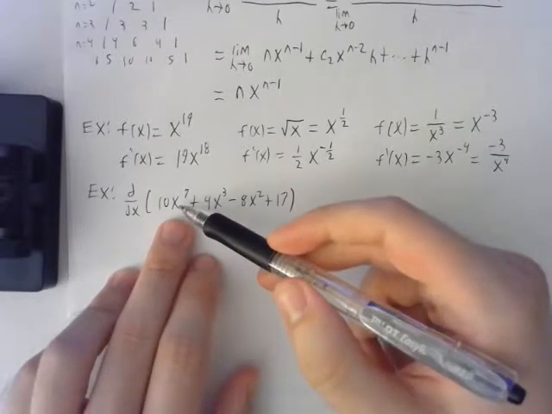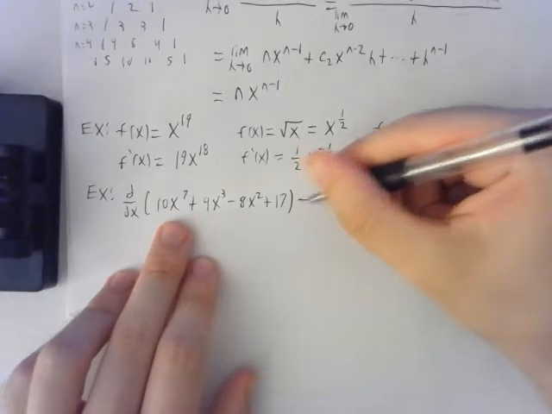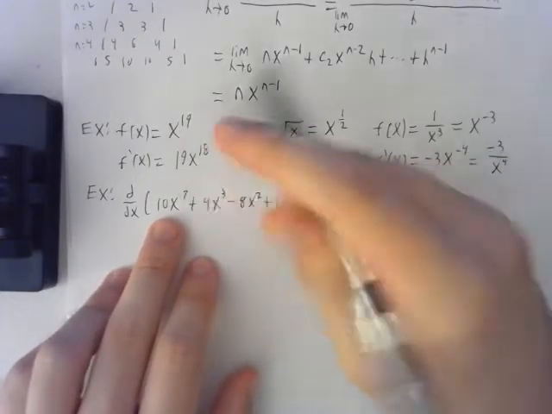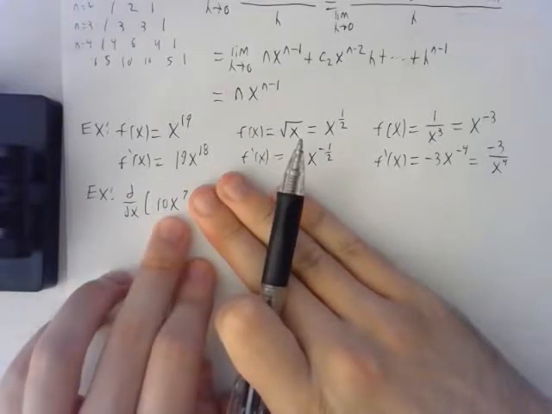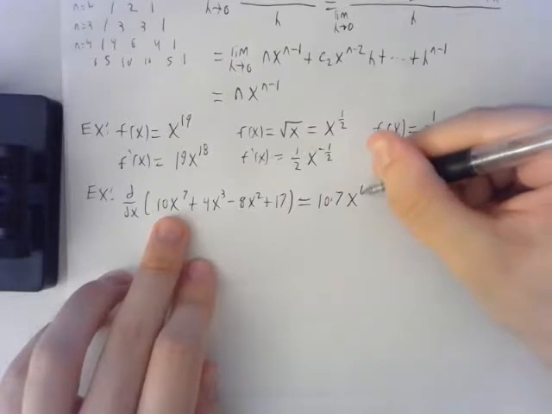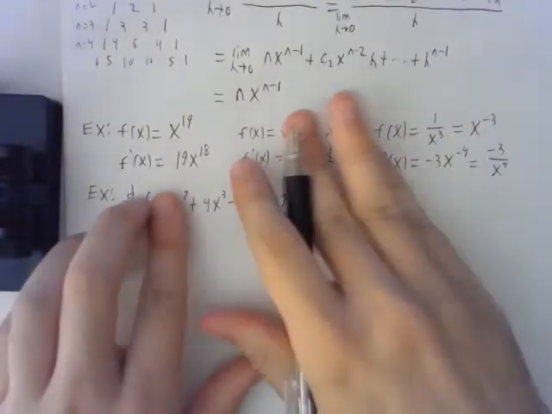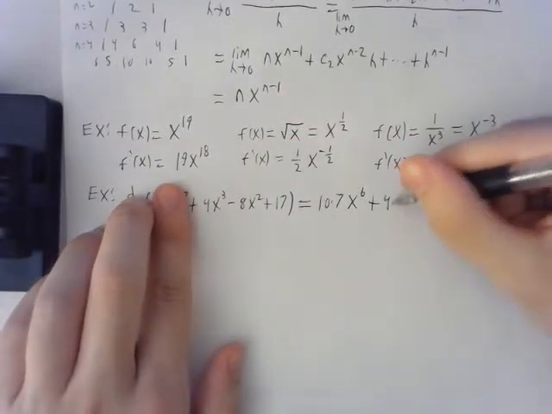And then you'll just be left with derivatives of x to some powers, for which we can use the power rule. So when you do that, if we just look at the first term, we'll have 10 times derivative of x to the 7th, which will give us 10 times 7 times x to the power 6. Then for this term, we'll get 4 times 3 times x squared.